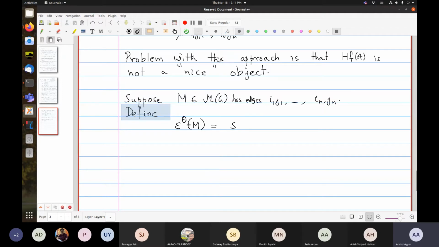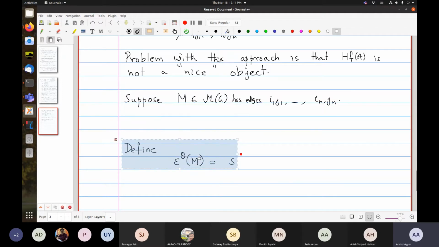I need some notation. Let sigma be the permutation, or rather, maybe it's better to go by the matching.